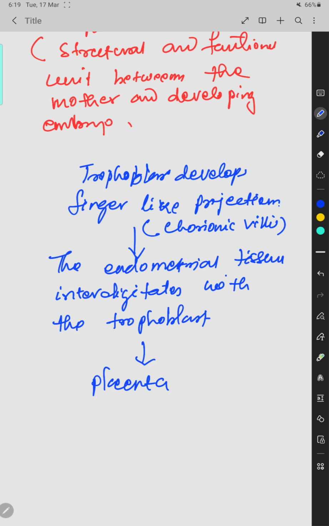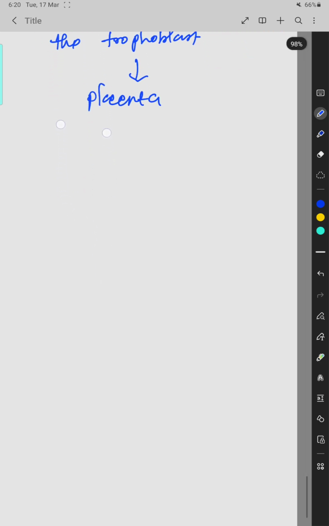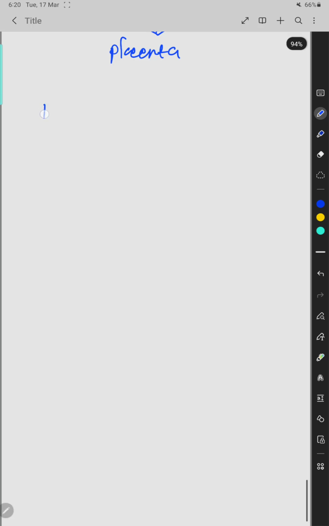Okay, now this placenta is the structural and functional unit between the mother and the developing fetus or embryo, whatever you can say. Now what is the function of placenta? So this is how the placenta is formed that I discussed.